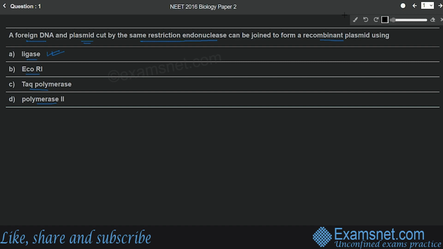We know that ligase is also known as molecular glue. It acts as a glue or pasting agent. And what does it do? It is used to join the substrates. Ligase is an enzyme that joins the substrates.